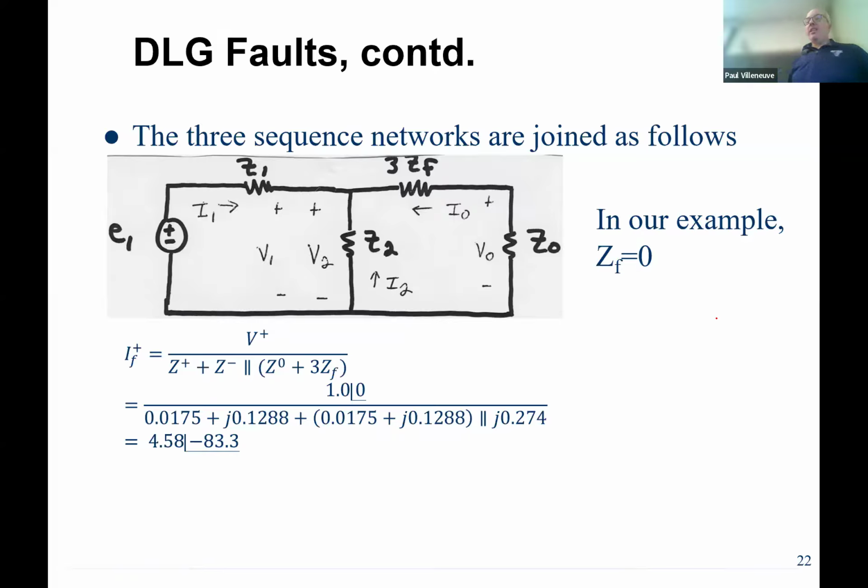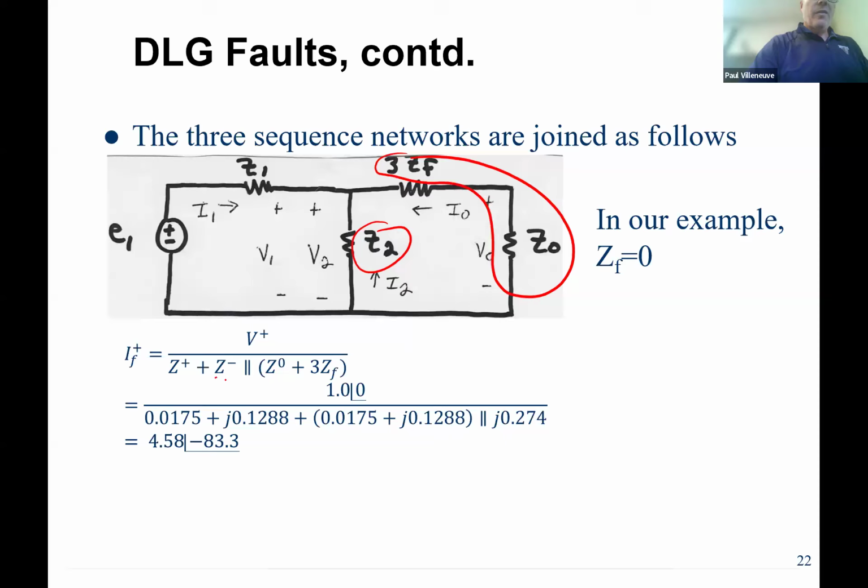So now we need to do a little bit more circuit analysis, because before they were always kind of in series. Over here, you can see that Z2 is going to be in parallel with 3ZF and Z0. So we do a parallel combination first, and then we just have a series circuit.